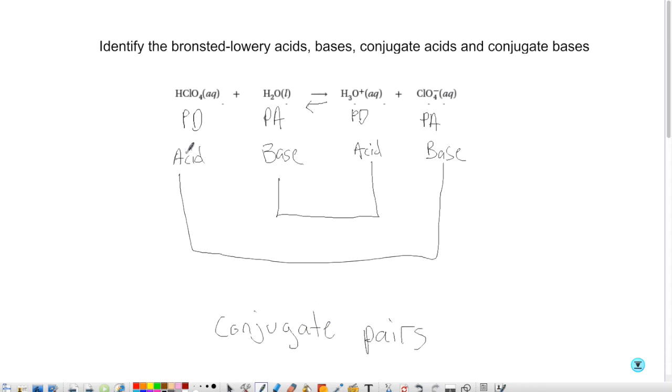And what we say is that the conjugate of an acid is a base, which means that this is going to be a conjugate base. And that would make this a conjugate acid. Okay?